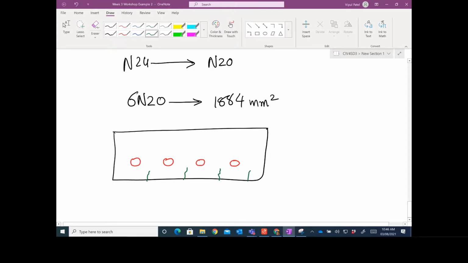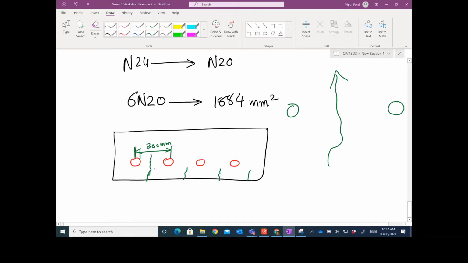Now the standard is saying you need to keep this center to center distance not more than 300 millimeters. You can't put 400 or 350 millimeters. If you put your soldiers very far away, then the enemy is going to go inside, meaning this crack will travel if you put your bars very far apart.